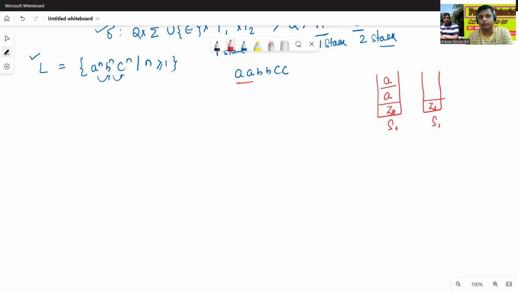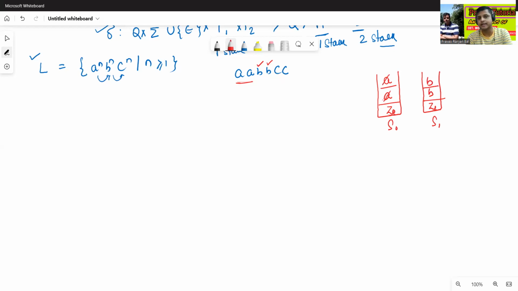Then when the push down automata reads the first B, the first B will pop the top of the first stack. Then again B will be pushed on the second stack, means stack 1. So the second B will pop the top element of the S0 stack, and again be pushed on the S1 stack, means the second stack.